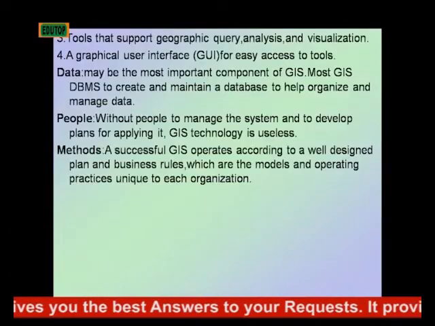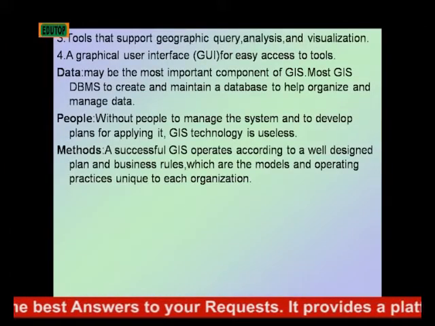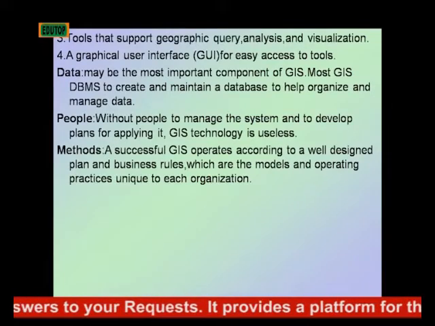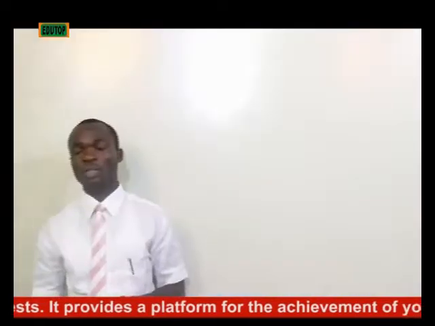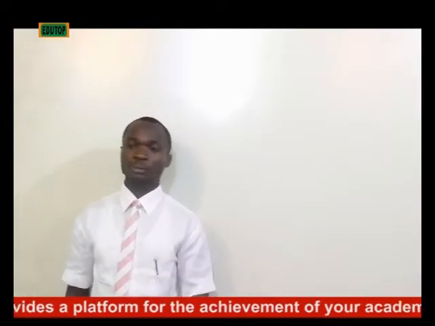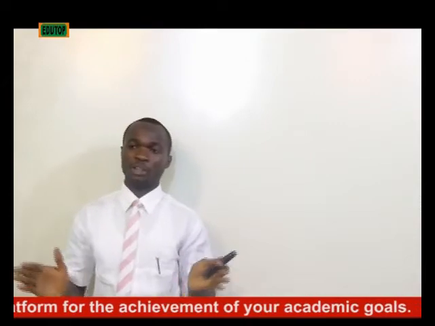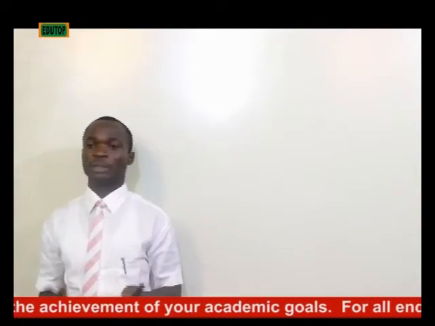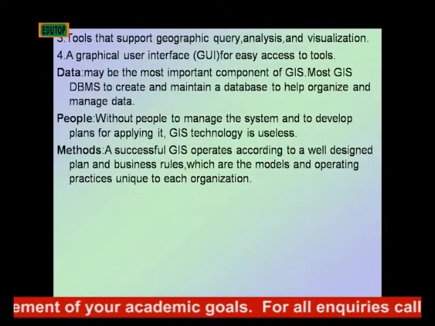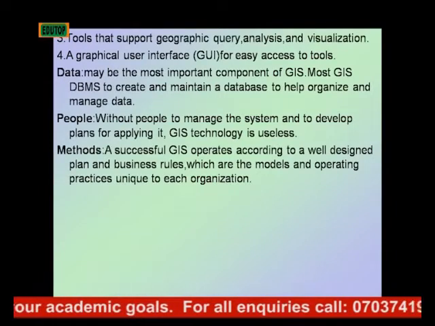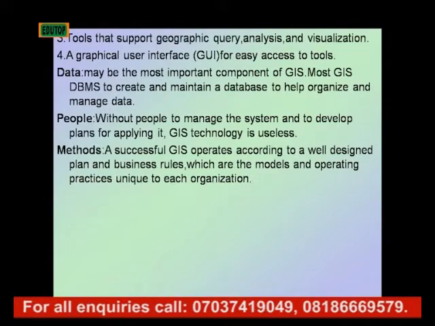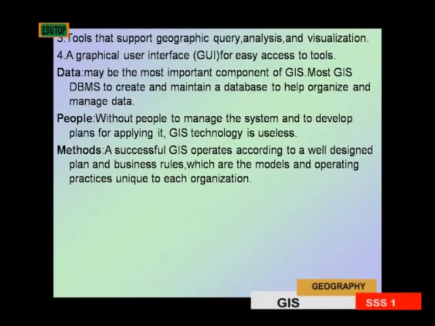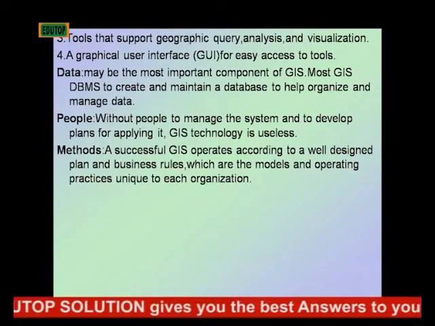Without people to manage the system and to develop plans for applying it, GIS technology is as good as nothing. It's useless. So there must be people to manage all these things. And finally, the methods. A successful GIS operates according to a well-designed plan and business rules, which are the models and operating practices unique to each organization.